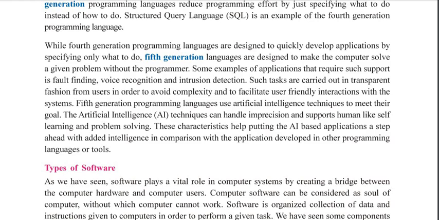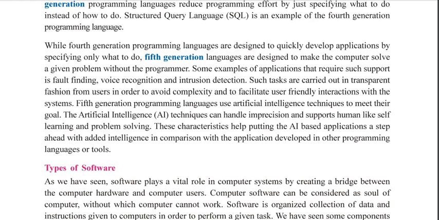Such tasks are carried out in a transparent fashion from users in order to avoid complexity and facilitate user friendly interaction with the system. So by that we can easily interact with the computer. If we don't know the spelling of a particular machine or whatever, we can speak, and it will automatically find it out.